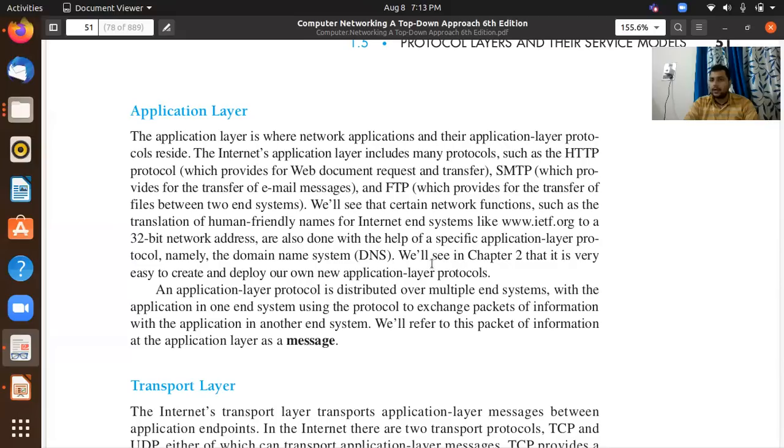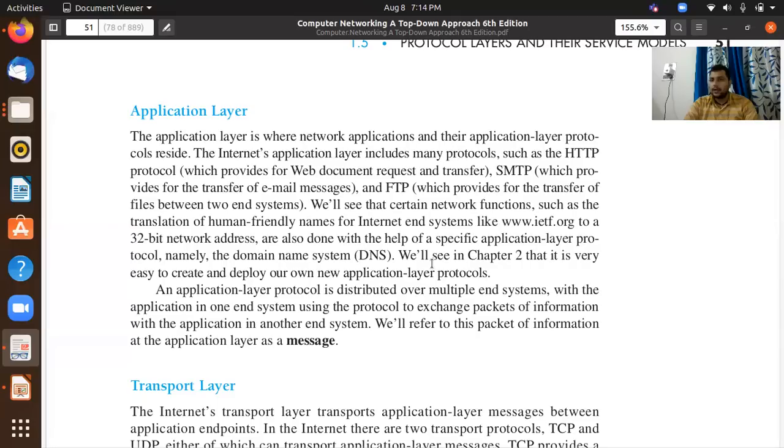So there are several protocols. Whatever application you come up with, corresponding to that, you will implement the protocol at the application layer. Obviously you will implement it in normal languages, but you will interact with the layer below, the transport layer, through fixed APIs supported by that language.